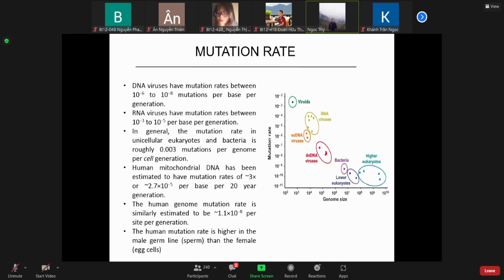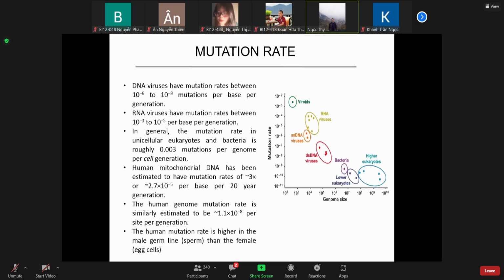So it will decrease the mutation rate 100 times. So the mutation rate after DNA repair is still around 1 per 10 to the power of minus 10.